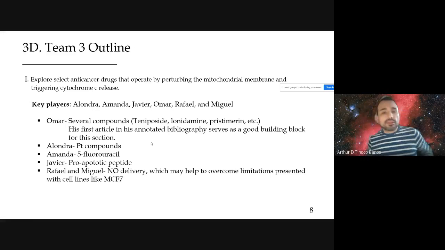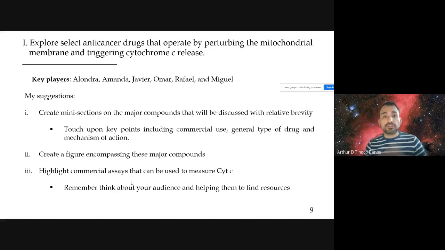The use of that small molecule was interesting because it appears to be able to overcome some limitations of certain cell lines that have a defect in the mitochondrial apoptosis mechanism. I thought that was pretty interesting in that regard. But here are some of my suggestions to you guys with regards to the development.